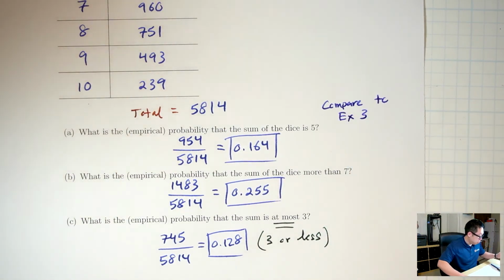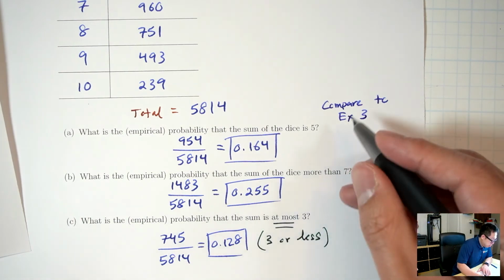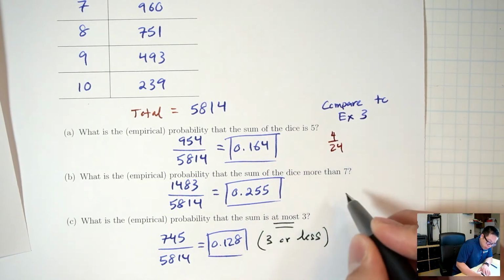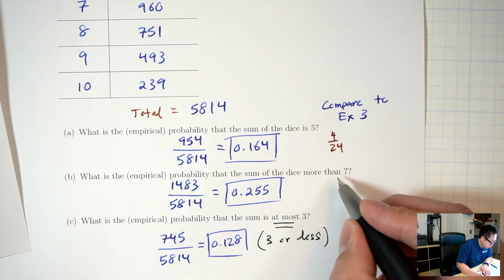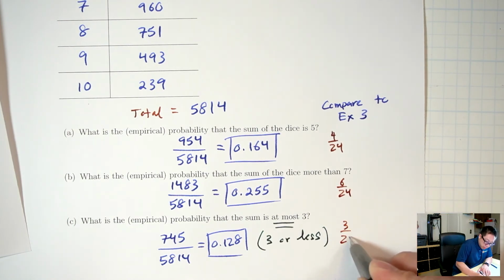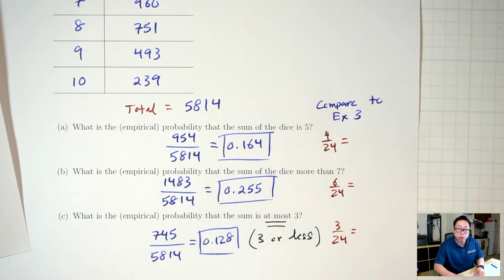So let me do these in red. For part B, it was 4 out of 24. Part C, it was 6 out of 24. And then the third answer was 3 out of 24. Let me actually calculate and see how close or how far away these are.